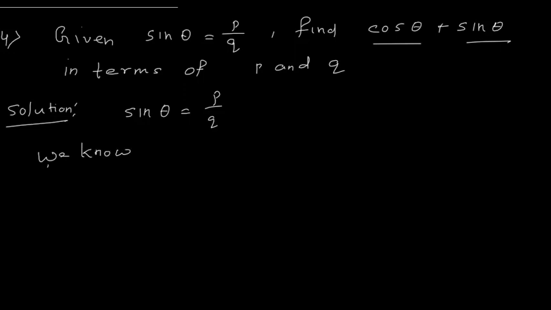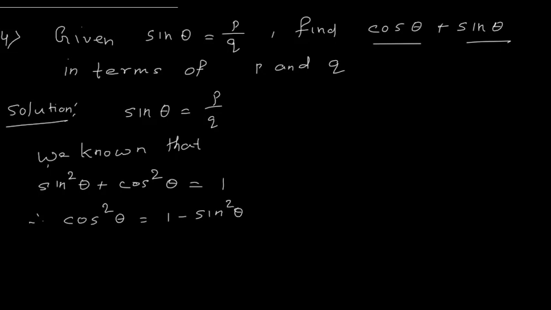So we know that sin square theta plus cos square theta is equal to 1. Therefore this cos square theta will become 1 minus sin square theta, which is equal to 1 minus (P upon Q) the whole square.